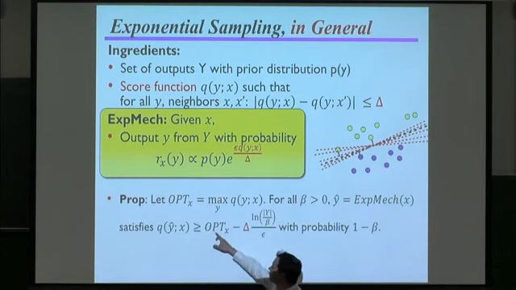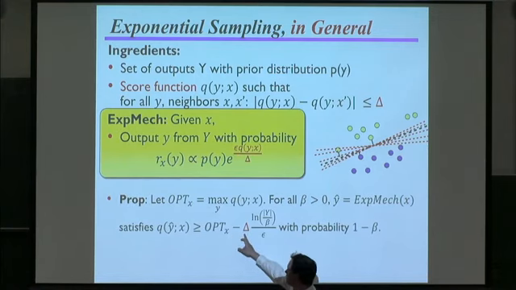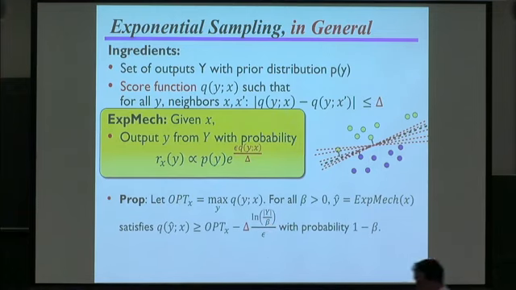I'll get some classifier which classifies almost as many as the best possible classifier for the data set, minus some term that depends on the sensitivity, which is 1 in the classifier case, times some term that depends on the log of the number of different classifiers I'm considering, and this epsilon quantity. Okay.